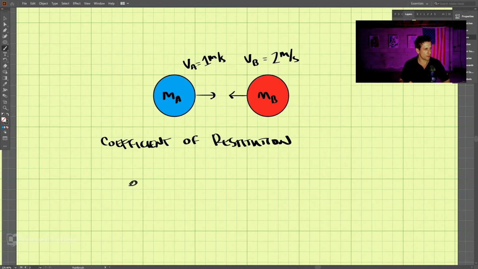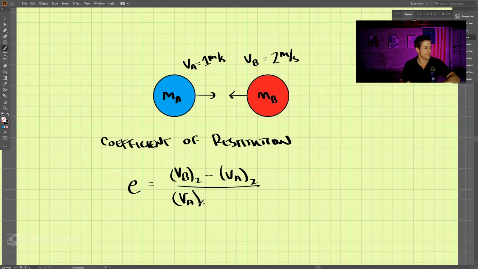So for example, we use the letter E for the coefficient of restitution, and it is equal to the velocity of B after the collision minus the velocity of A after the collision, divided by the velocity of A before the collision minus the velocity of B before the collision.